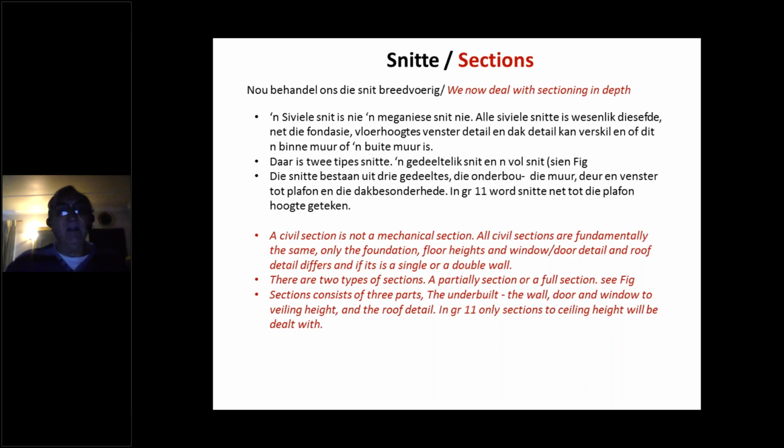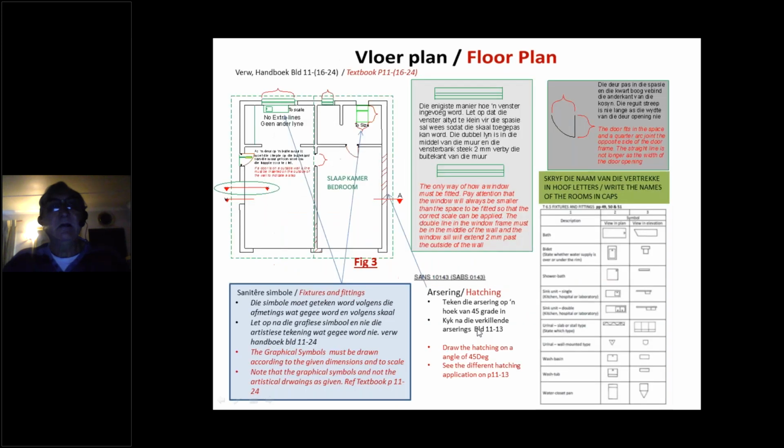You will find that there is only a part section, that's what we showed there, a part section or a full section. A full section will be the walls over there, we can come to that, right through to the other side. The part section will only be a section through that area there.